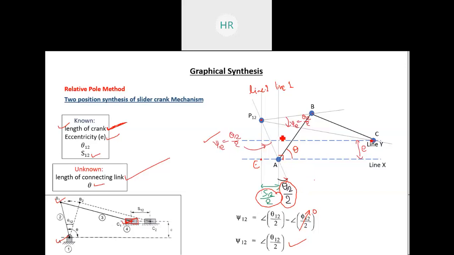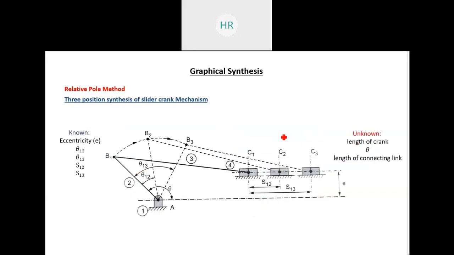Now let's look at three position synthesis of slider crank mechanism. In three position synthesis, what quantities will be known? Eccentricity E, the distance between line X and line Y, will be known to us. Then angles theta 12, theta 13 will be known to us. Then S12, S13 will be known to us.